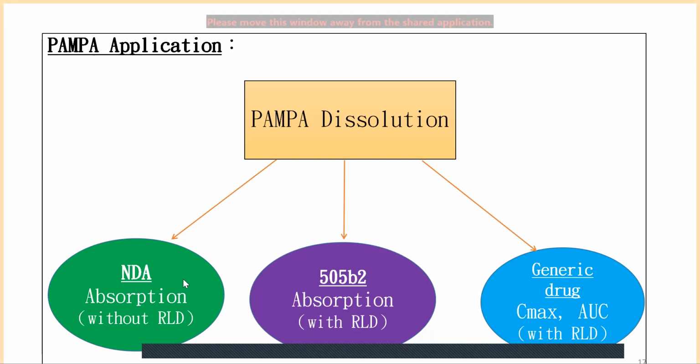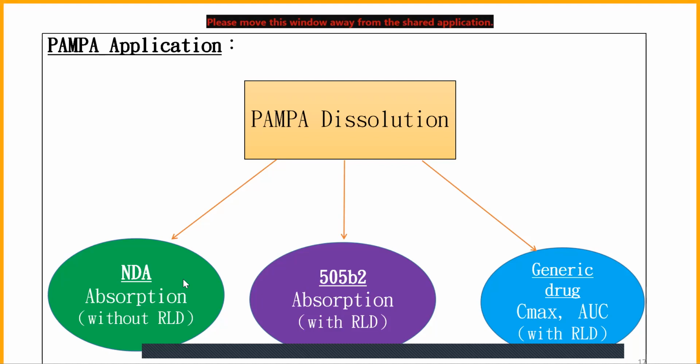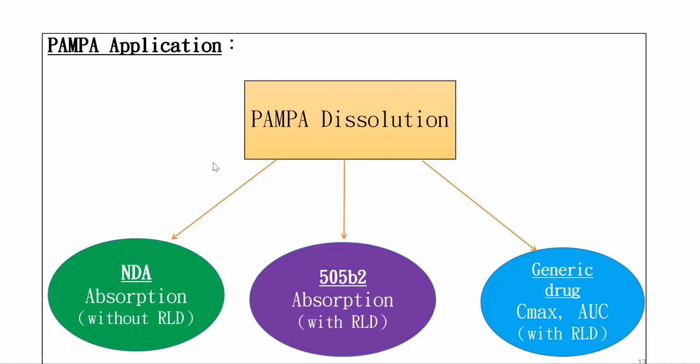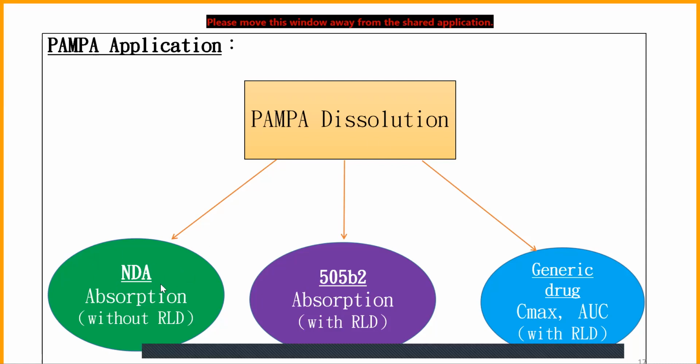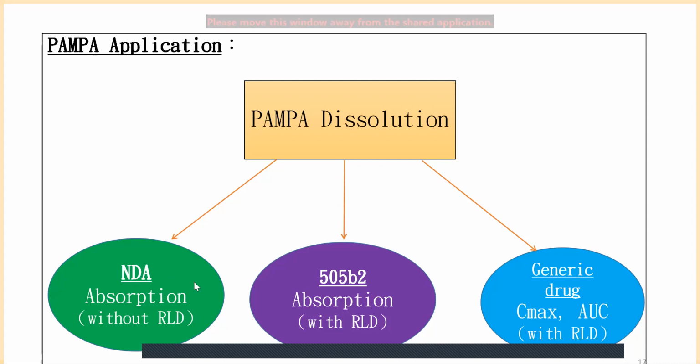There is a way that soon after the animal study, we can use the data from the animal study plus the ADME approval database with PAMPA dissolution. The human clinical PK can be predicted through these three items, which help us in doing the NDA prediction.